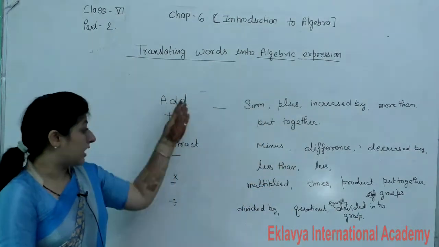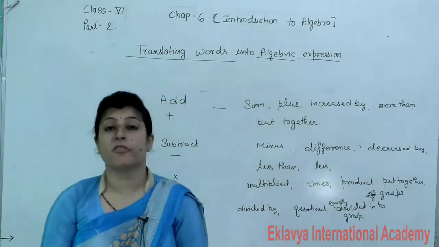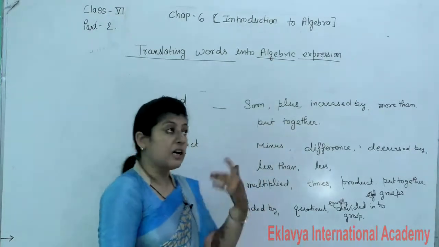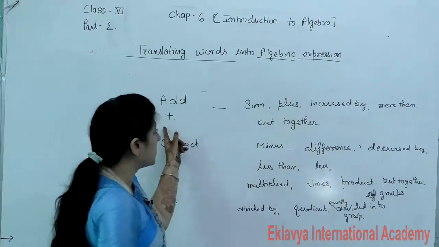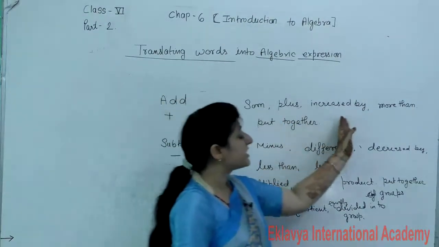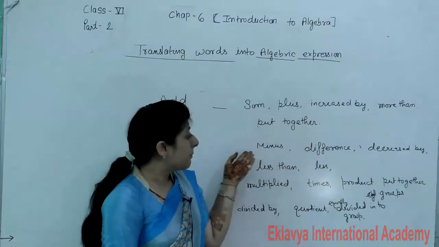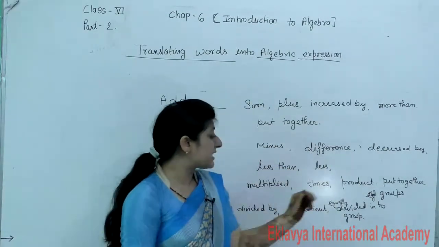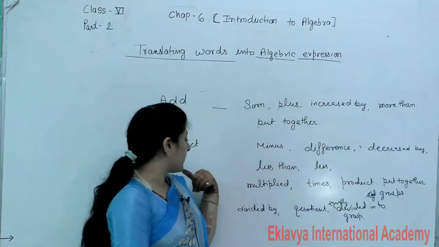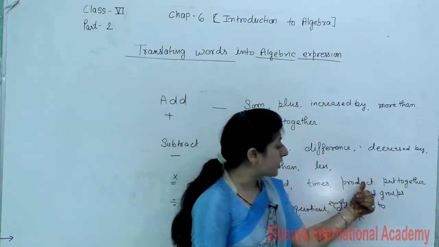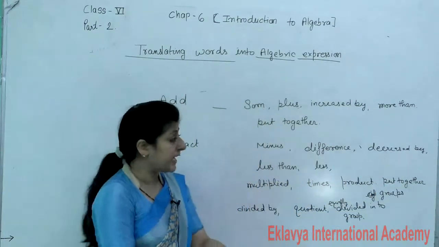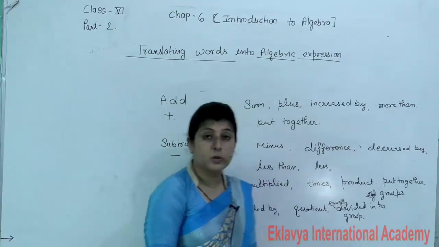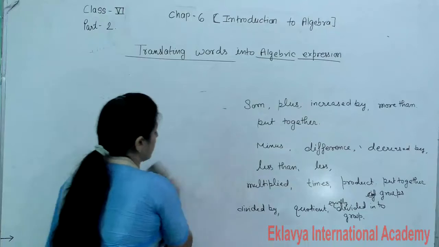So whenever we find these types of words, we apply these operations accordingly. Another time, see addition: sum, plus, increased by, more than, put together. Minus for subtraction: minus, difference, decreased by, less than, less. Multiplied for multiplication: multiplied, times, product, put together groups, combining the groups. Divided by, quotient, equally divided into groups.